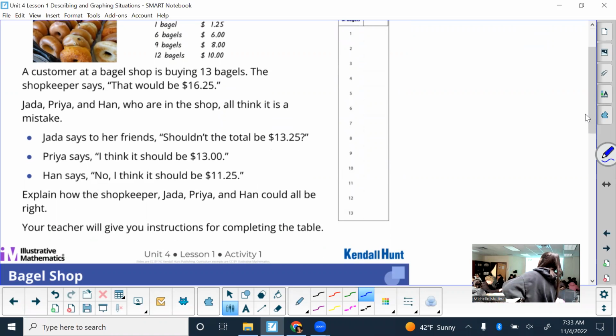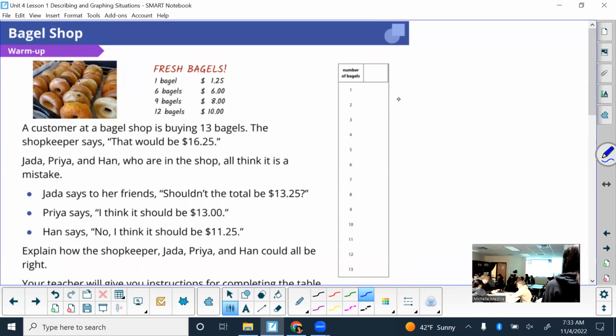All right. So can someone explain to me how the shopkeeper may be right? Parker? She just counted up 13 single bagels. Okay, so 13 bagels times what's the price for one bagel?